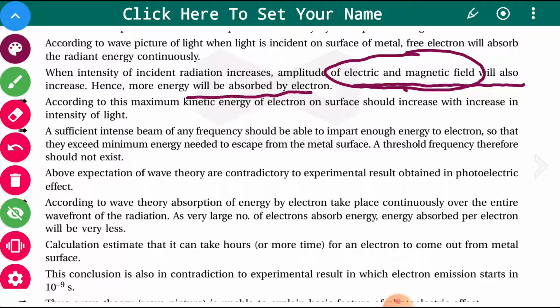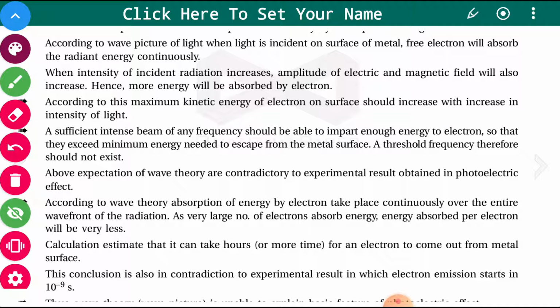According to this, the maximum kinetic energy of electrons on the surface should increase with an increase in the intensity of light. A sufficiently intense beam of any frequency should be able to impart enough energy to electrons so that they exceed the minimum energy needed to escape from the metal surface.